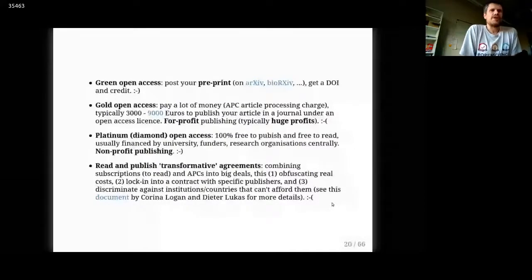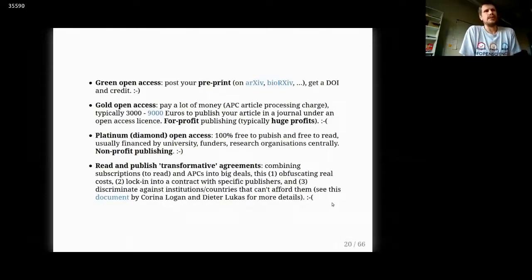But as researchers, we need to publish, and there are different ways of publishing or sharing our data. There is the green open access route, where once we have written our paper, we post it on a preprint server, arXiv by arXiv, we get the DOI, and we get credit for it. And we don't need to pay anything. We simply post our papers on arXiv. That's something, obviously, I really like and really advise you to do.